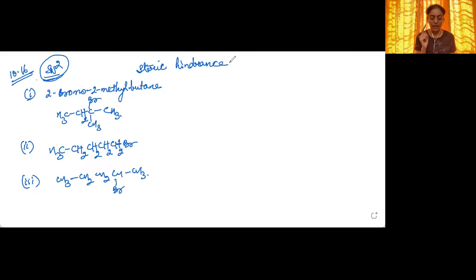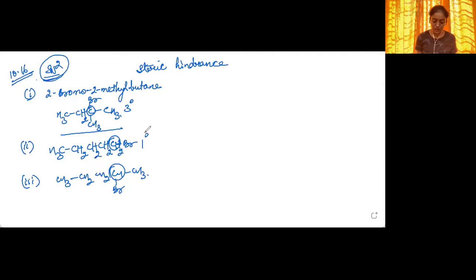Okay, in case of alkyl halides, they undergo nucleophilic substitution reactions. The attack is to occur on the carbon which is directly attached to the halogen atom. That is, in this case, here will be the attack, here will be the attack, and here will be the attack.